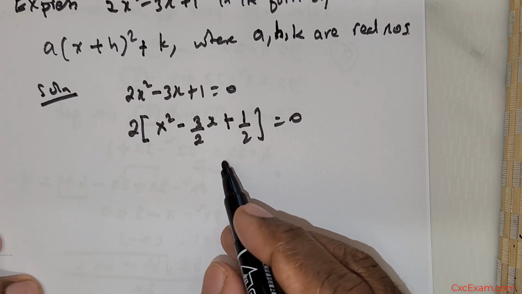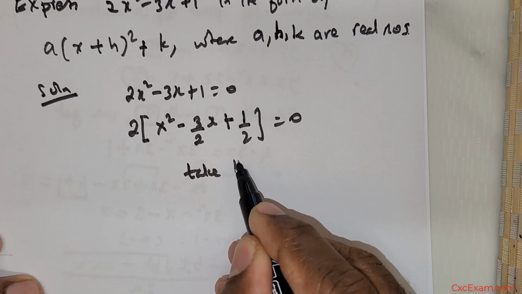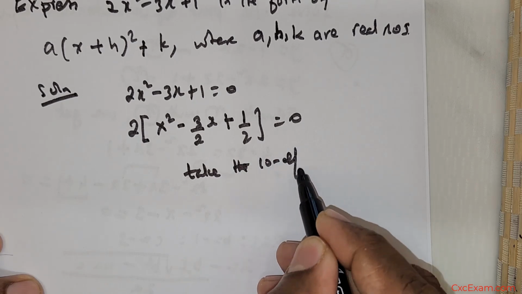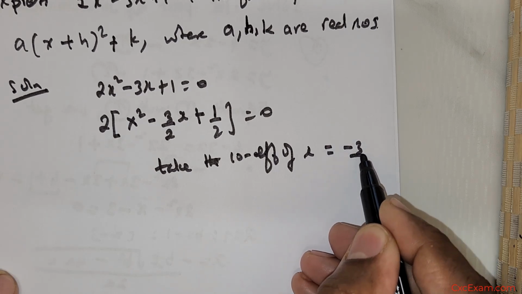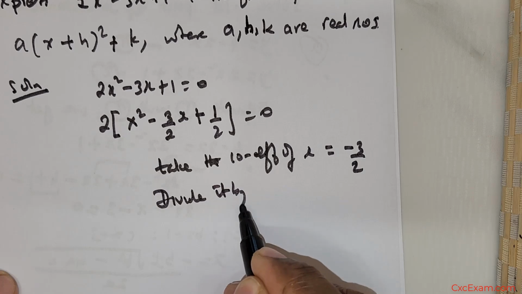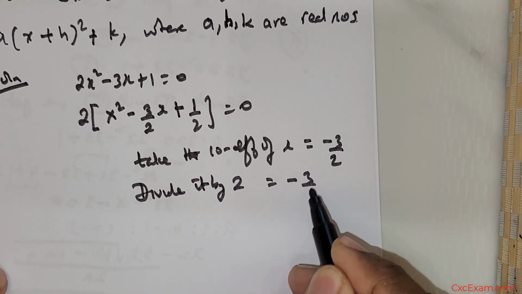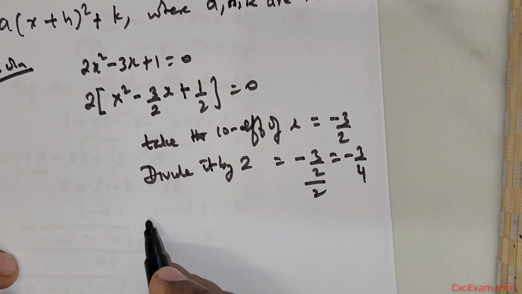Now what I would like to do is I would take the coefficient of x, in this case which is negative 3 over 2, and then I would divide it by 2. So in this case negative 3 over 2 divided by 2, which is negative 3 over 4.